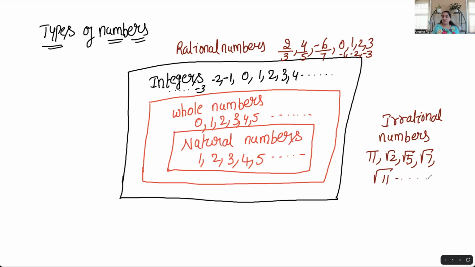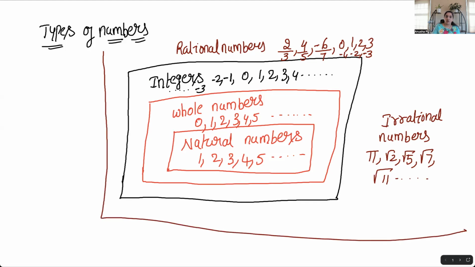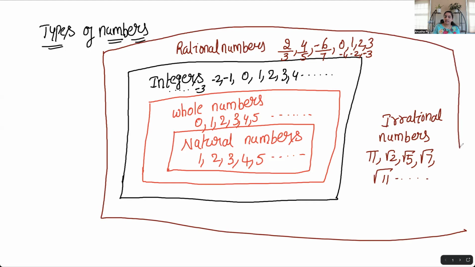If it is not a perfect square root, we will call it an irrational number. And all these numbers are called the real numbers. So any number is represented as a real number.